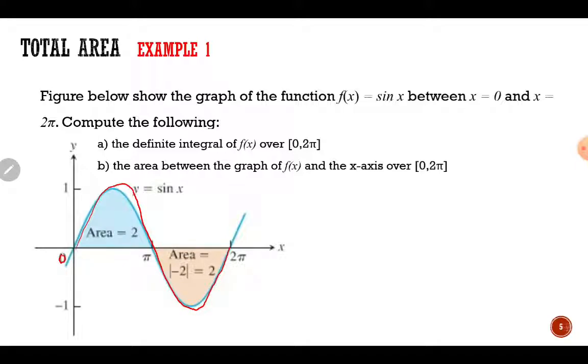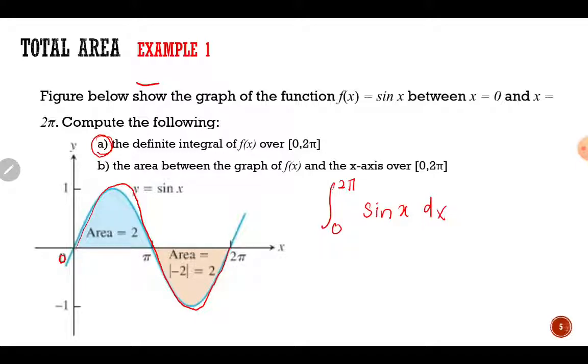One complete cycle, integration from 0 to 2 pi. If we are asked to find the definite integral of f(x) over 0 to 2 pi, it means we integrate from 0 to 2 pi, we get sin x dx, right?